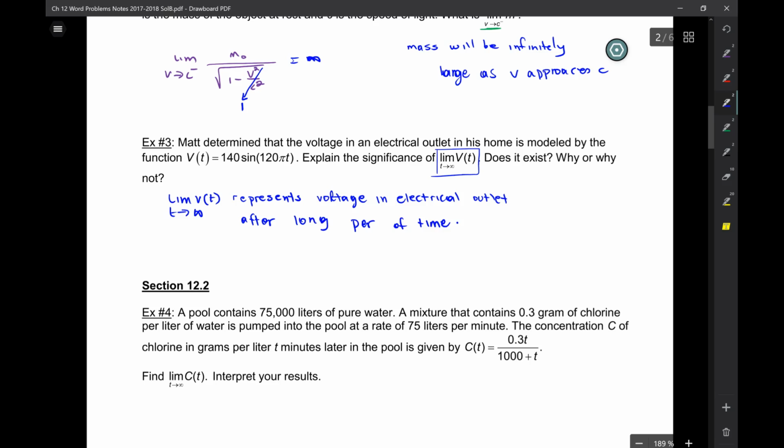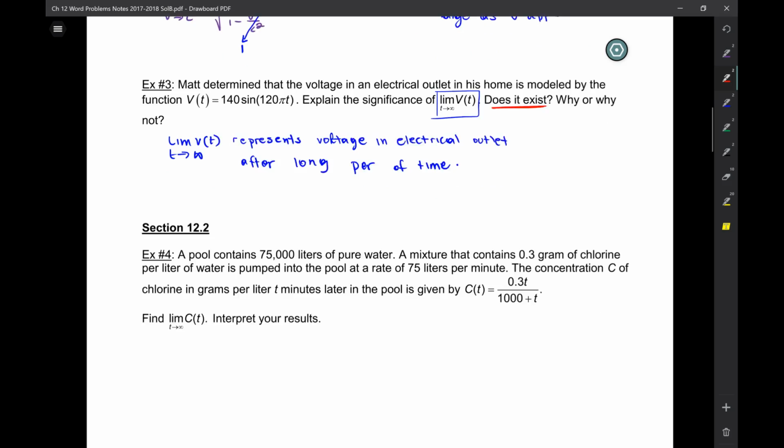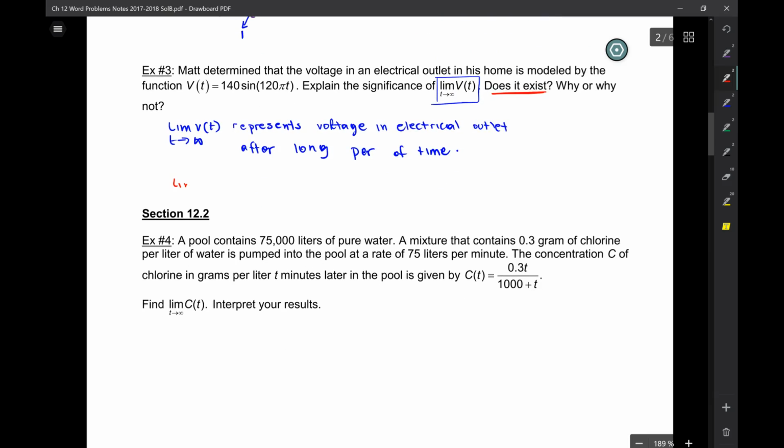Okay, now it says, does it exist? So the limit as t approaches infinity of 140 sine 120 pi t. Okay, what type of function is this?